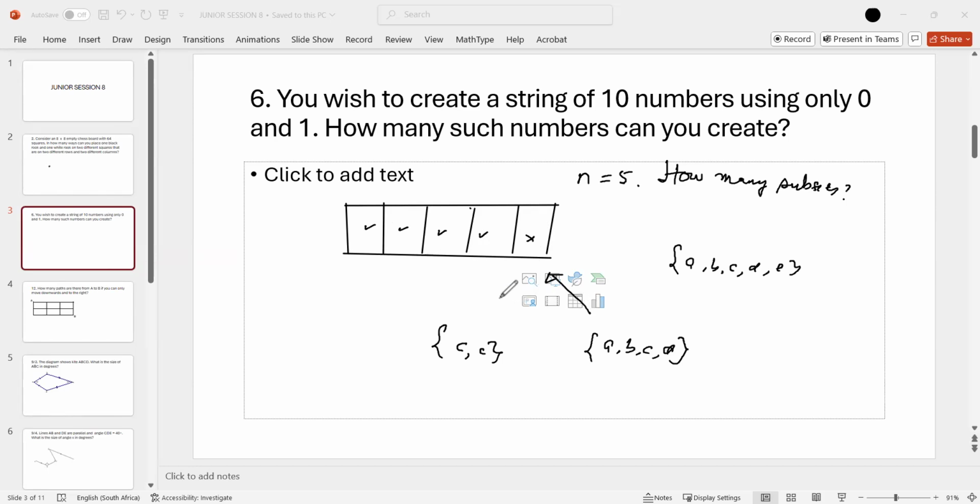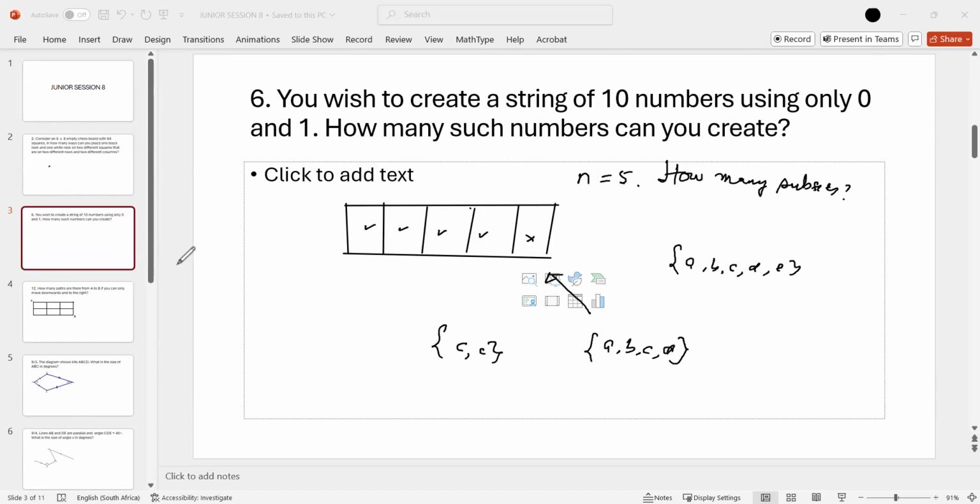You see, by putting ticks and crosses, you're creating a subset. You're identifying a particular subset. Each time you have a subset, you have a collection of ticks and crosses, as I showed you now. So instead of counting how many subsets there are, you ask yourself, how many ways can you put ticks and crosses in the slots here?